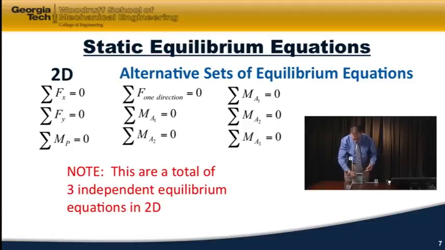And then you can also sum moments about a point A1 and an A2. So as long as you use three different equations, you get three independent equations. And so you can even solve these problems with static equilibrium equations by summing moments about three different points. We'll have examples where we'll do problems using the standard sum of the forces in the x, y, and the sum of the moments equal to 0, and then where we use 2-moment equations or 3-moment equations and mix them up.